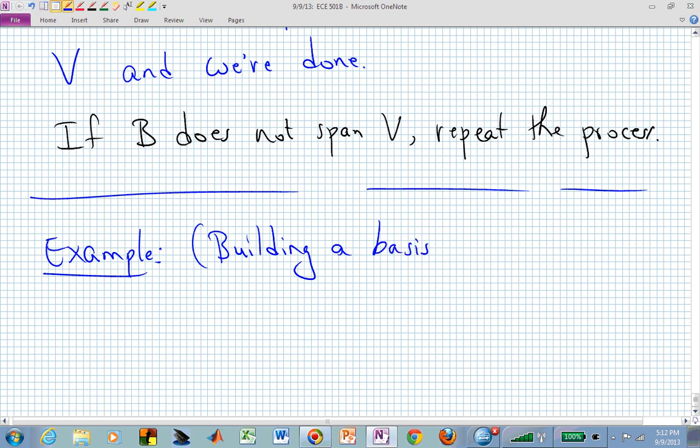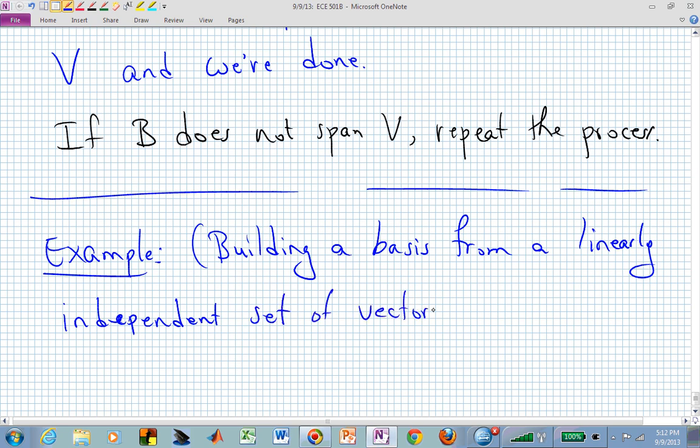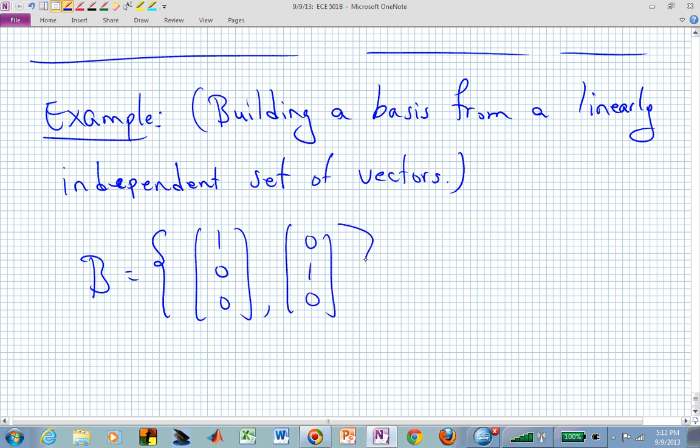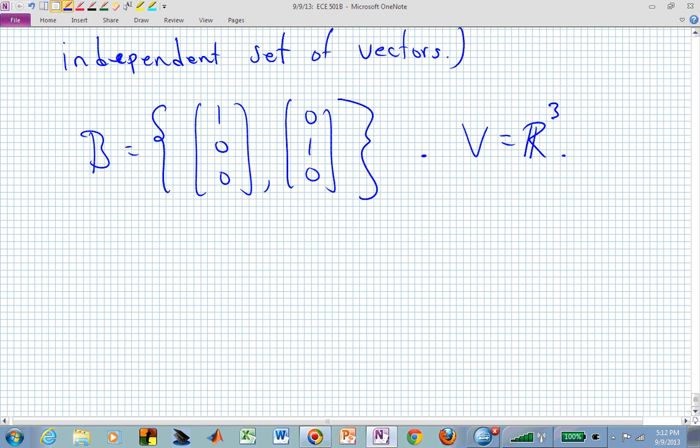Now we're building a basis from a linearly independent set of vectors. Suppose B is now 1, 0, 0, and 0, 1, 0. And our vector space is R3.